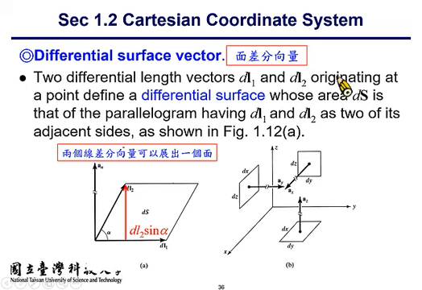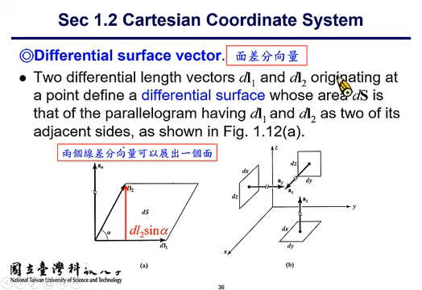A parallelogram is spanned by two vectors, as long as the two vectors are not parallel. As long as the angle between the two is not 0 degrees, they can span a small surface area, a parallelogram area like this one.